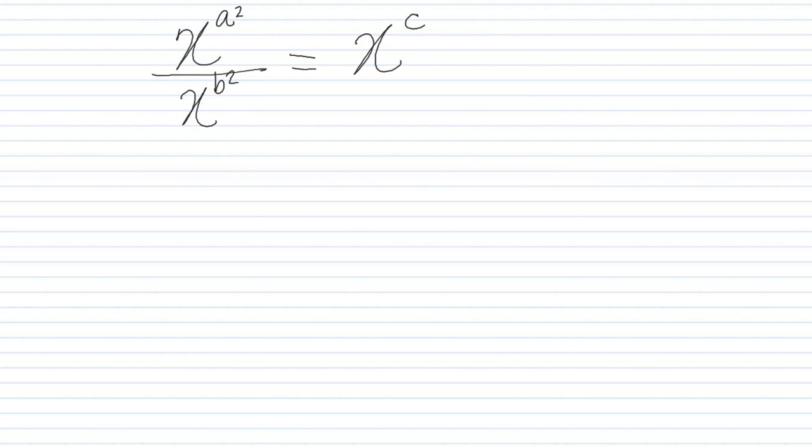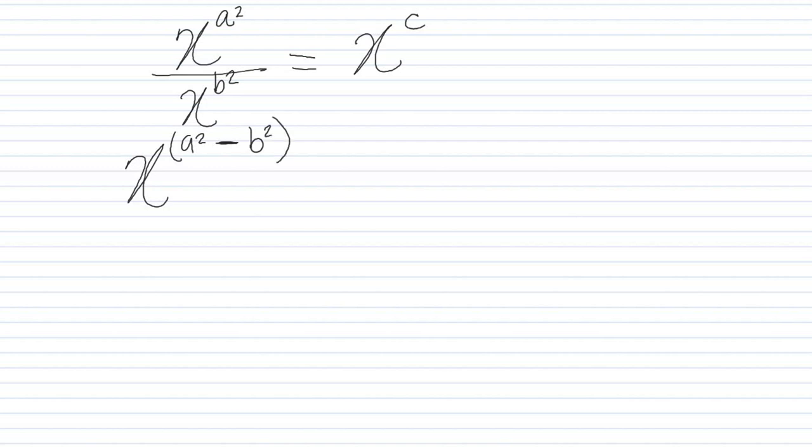And from your knowledge of exponents and indices, it's important for you to know that when you have a question that looks like this, what you have to do is just x, right? And you have a squared, and then because you have a division, when you want to group these exponents together, you're going to turn that into a subtraction. So you're going to have a squared minus b squared.